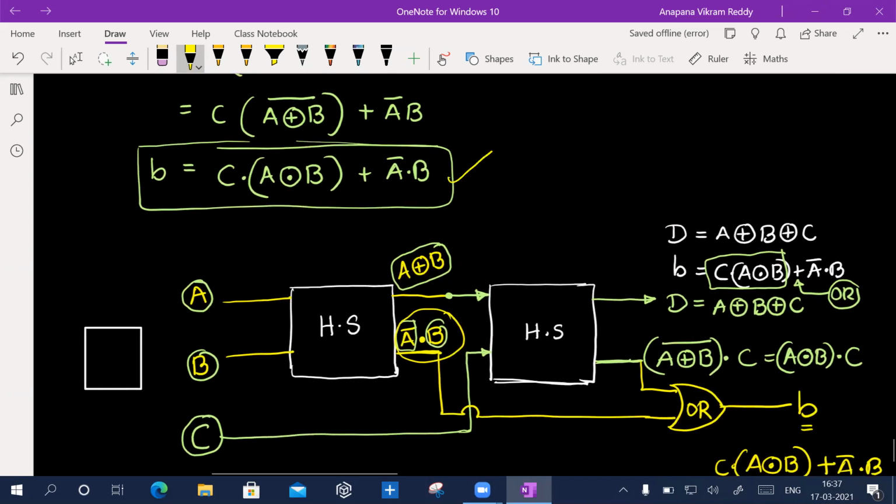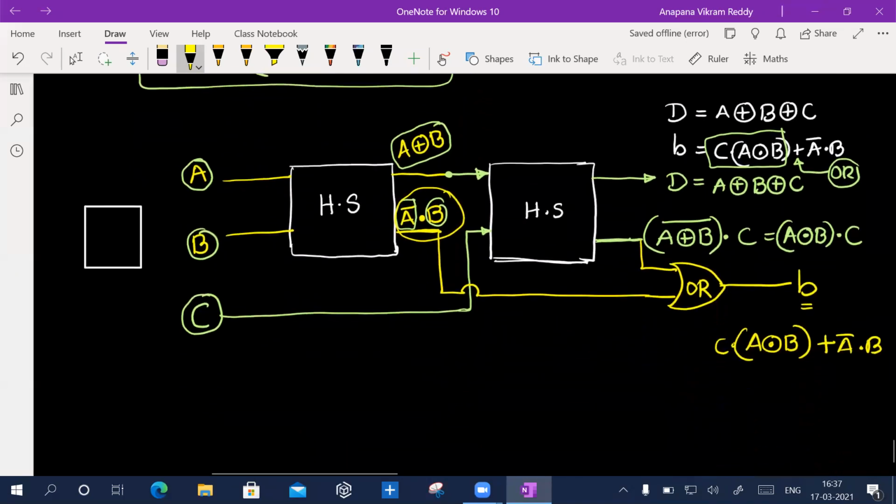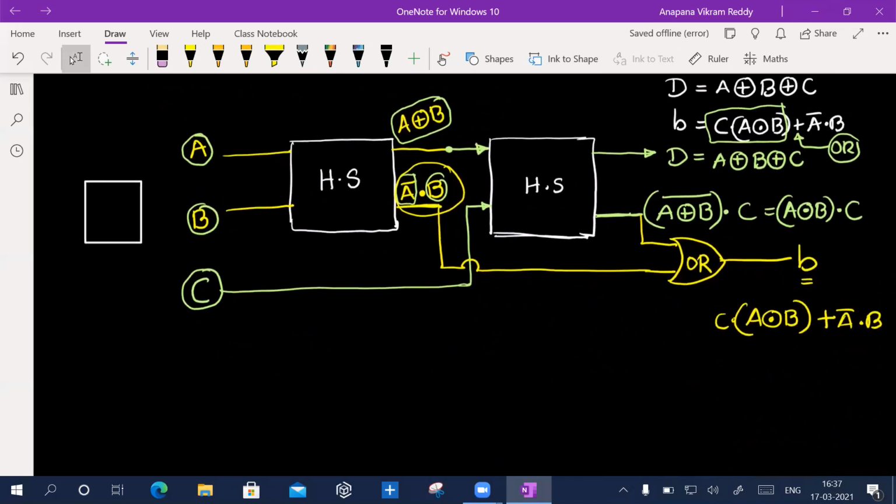So this is the same as the full adder. You can also implement the full subtractor.